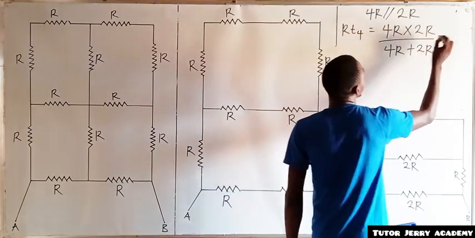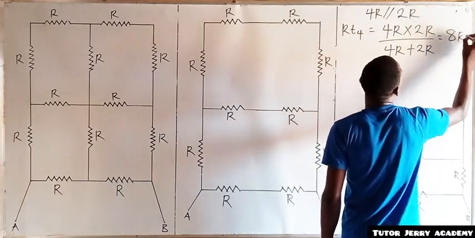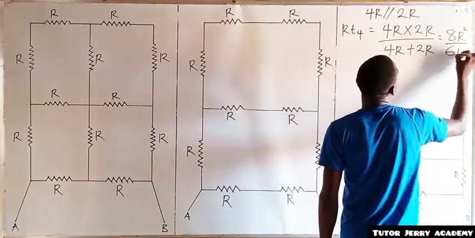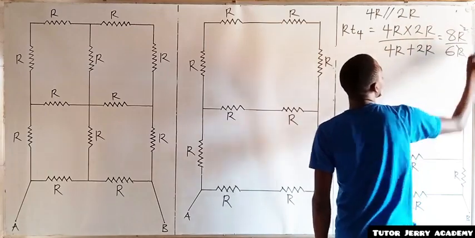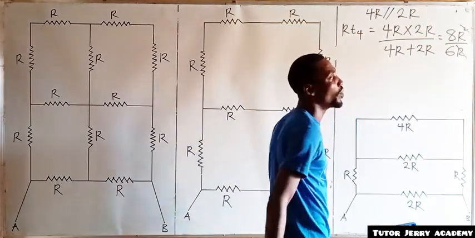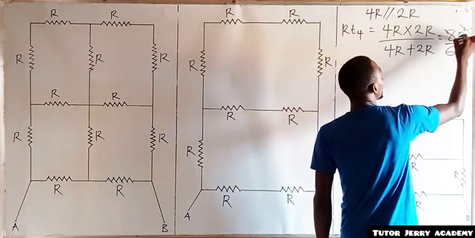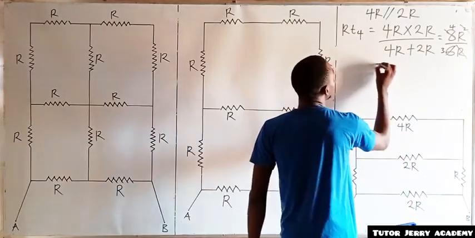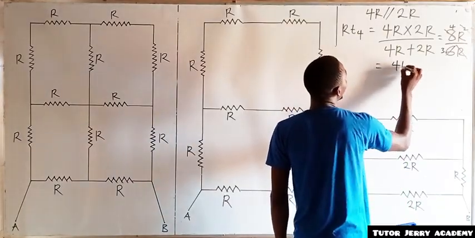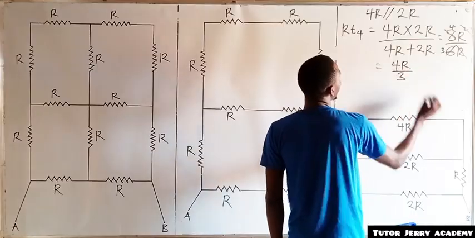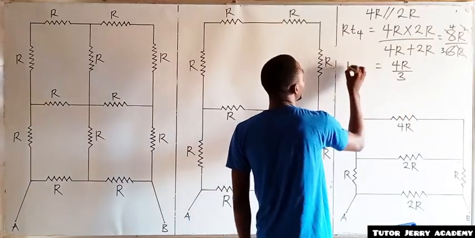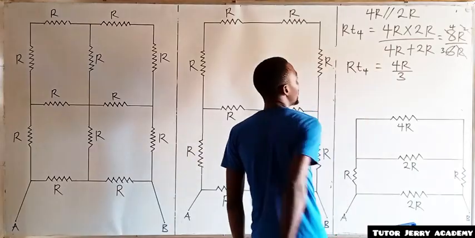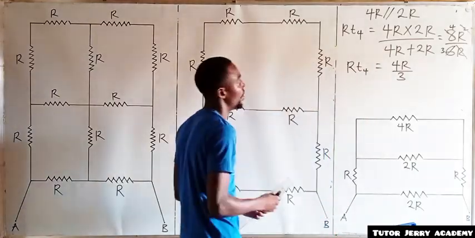This gives us 8R squared over 6R. 2 goes into 8 four times, and 2 goes into 6 three times. So this is equal to 4R over 3. RT4 is equal to 4R over 3.